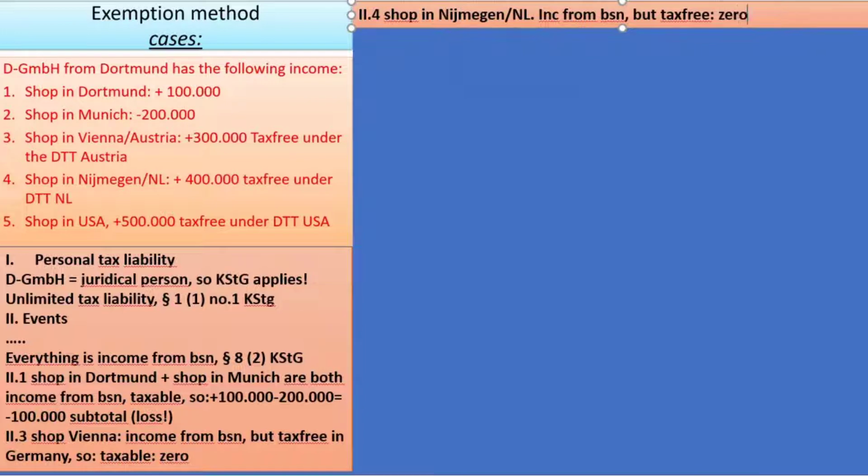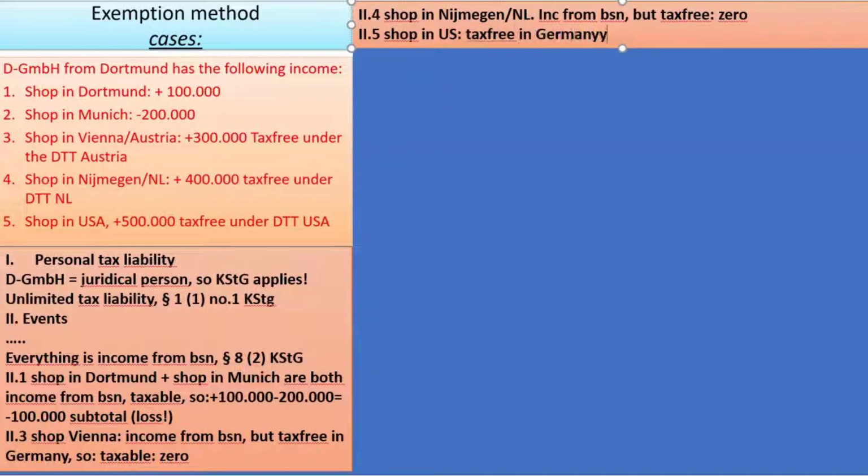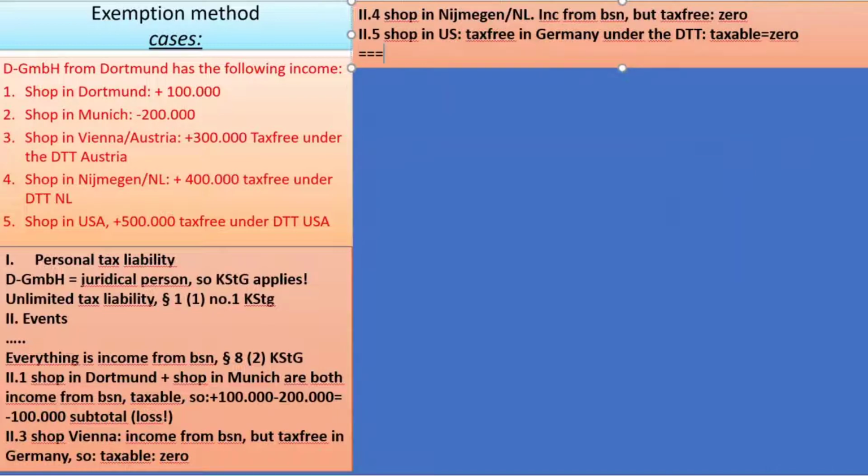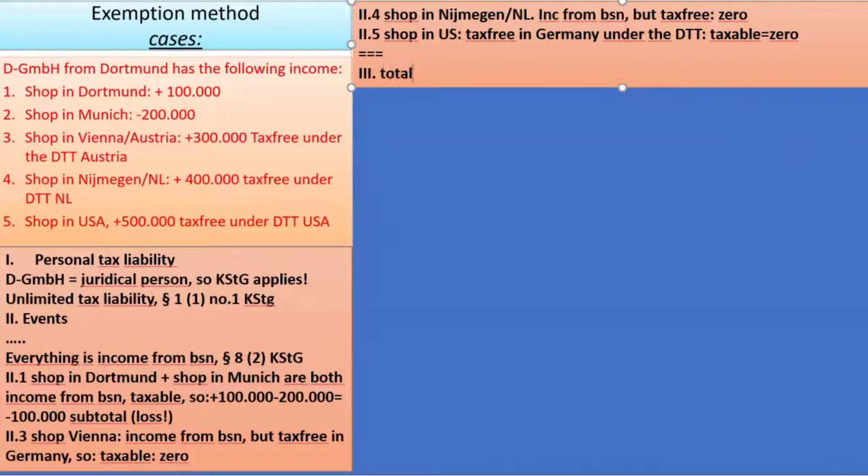No, we have 0. 2.5 shop in the US, tax-free in Germany under the DTT, so taxable in Germany is 0. So we have total income taxable in Germany, that's minus 100,000 this year.